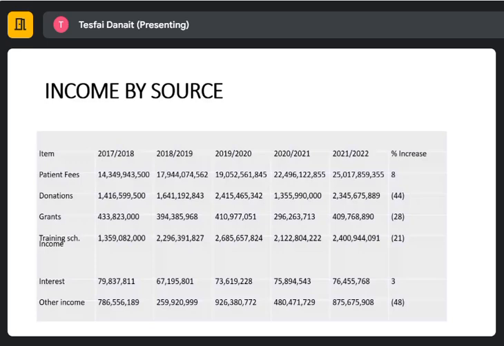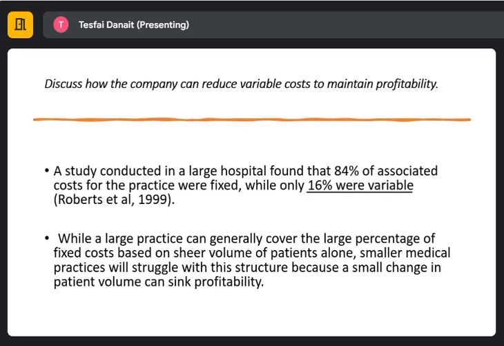So let's move on. From the reading we did, but also looking at Lubaga itself, we realized that more than 80% of the costs in this industry of health service are fixed costs, whereas less than 20% are variable costs.